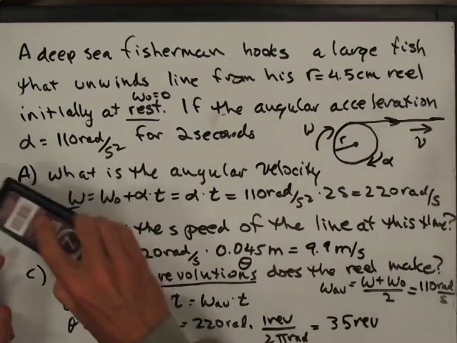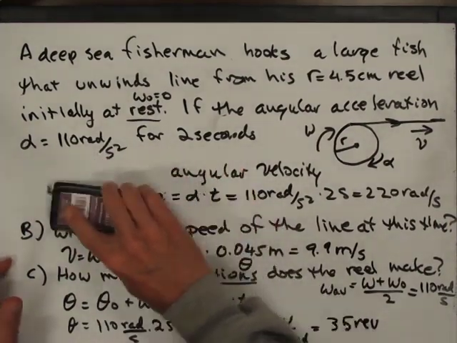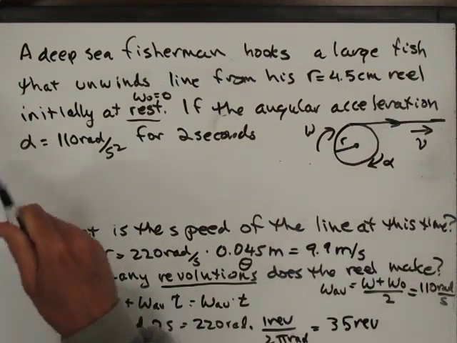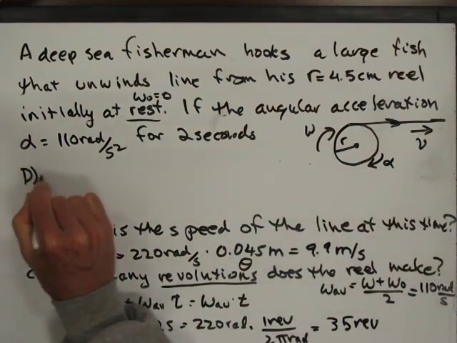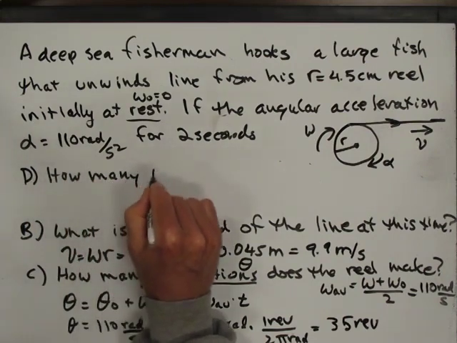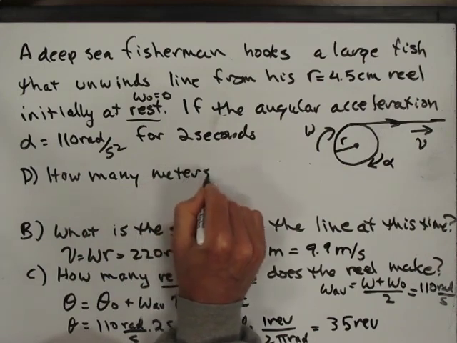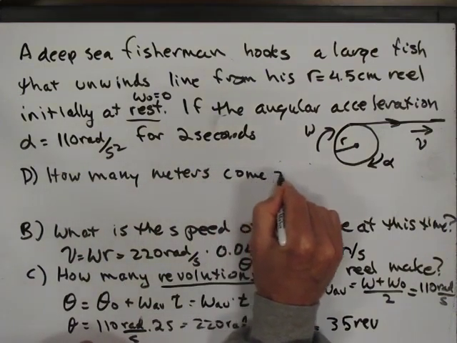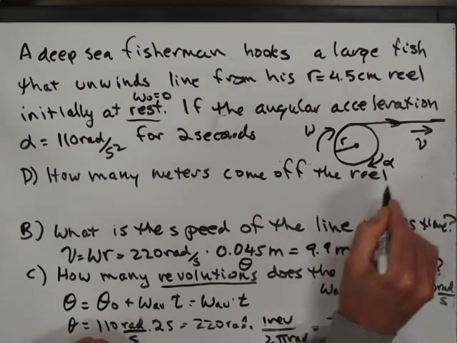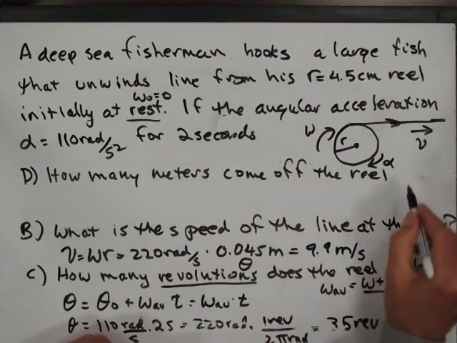Question D, I'll just come back up to here to where A is. How many meters of line come off the reel?